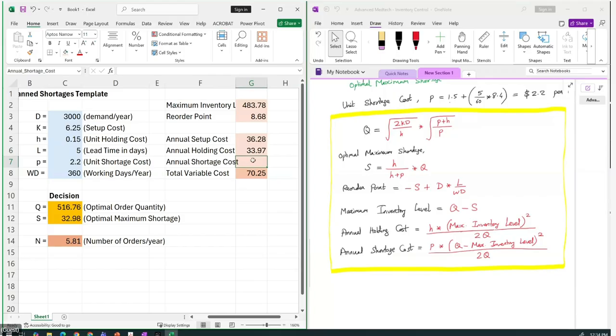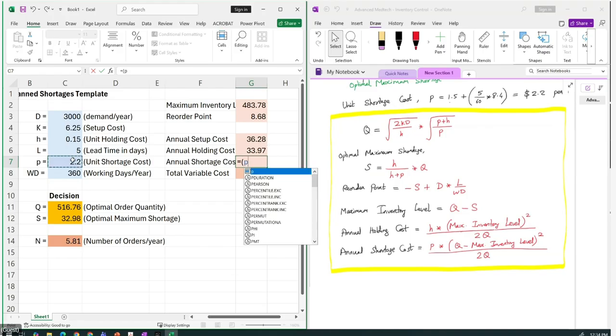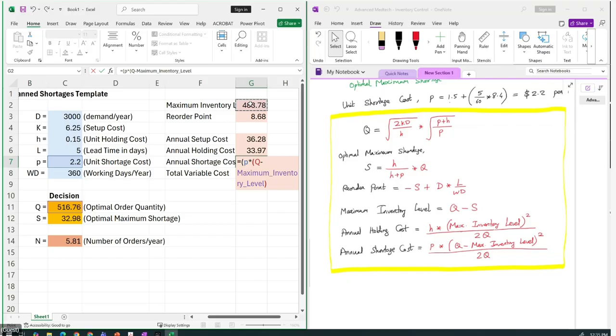Similarly, what will be the annual shortage cost? Tell me, what should I write? P multiplied by bracket Q minus maximum inventory level, close bracket, the whole power 2. This is my numerator.